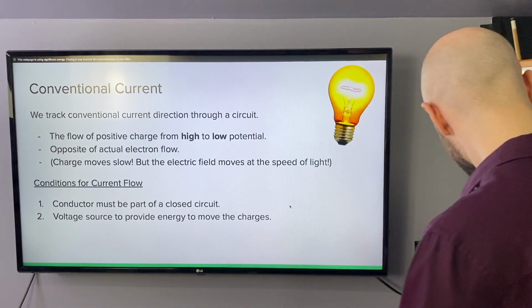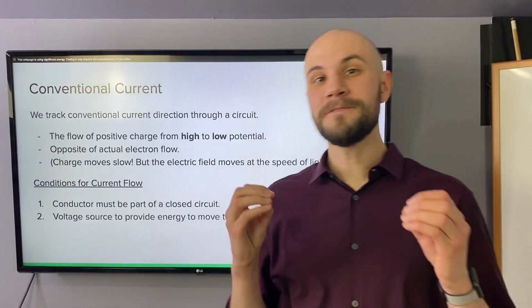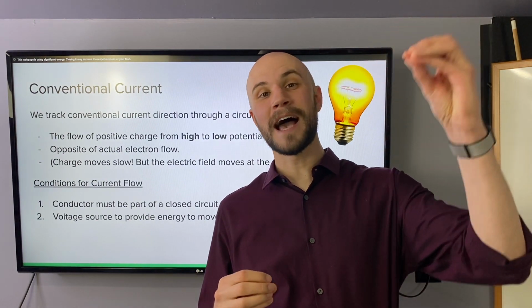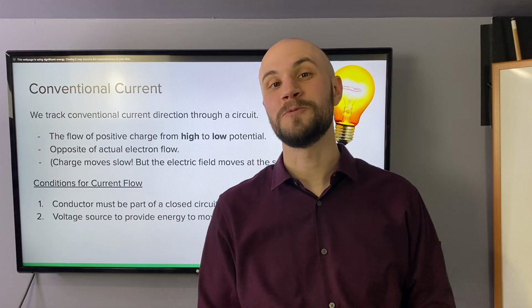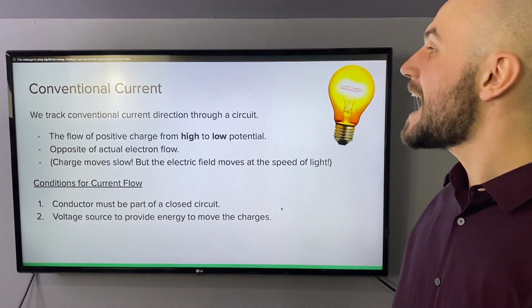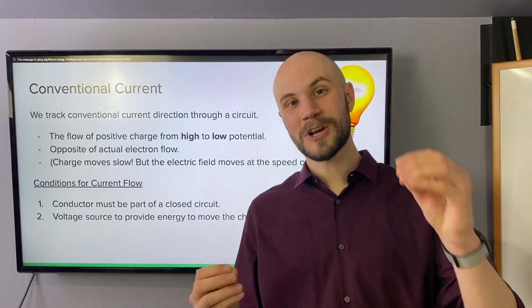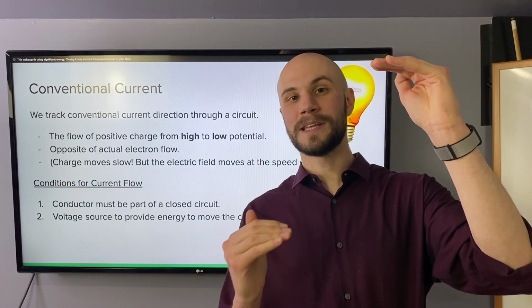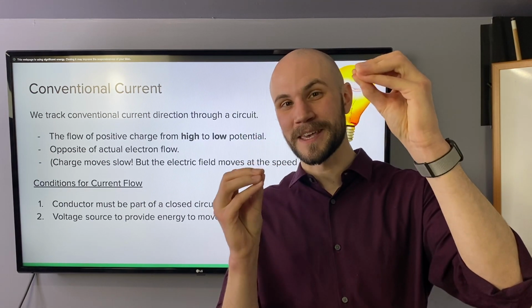Okay, so let's just review current a little bit from last lesson. We said current flows from a place of high potential to a place of low potential as long as there's a connection between those 2 points. At the very end of the lesson, I said that we talk about conventional current flowing from high potential to low potential. We know that's not truly the direction that charges are going in.